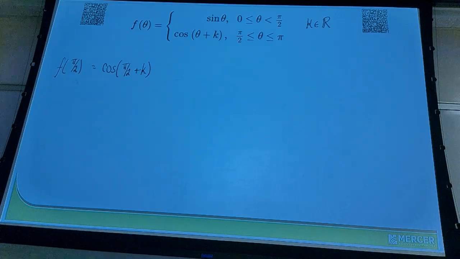K is a real number, so that's going to exist. So that's good.